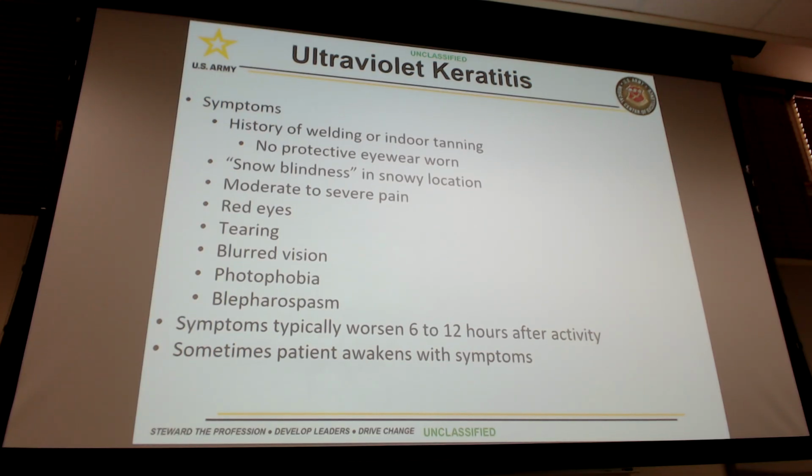You can also get ultraviolet keratitis if you're a welder. Any welders in here? No welders. If you ever take up welding, make sure you wear your welding mask, okay? Because that arc that the welder gives off is very bright. You need to wear a proper welding mask to protect your eyes. Patients can also get ultraviolet keratitis if they're skiing or snowboarding.